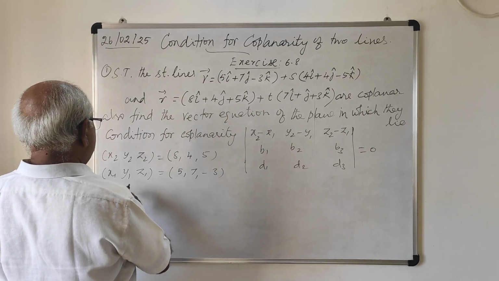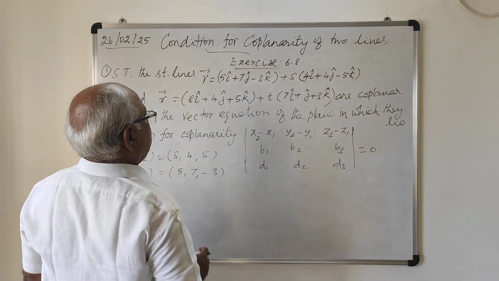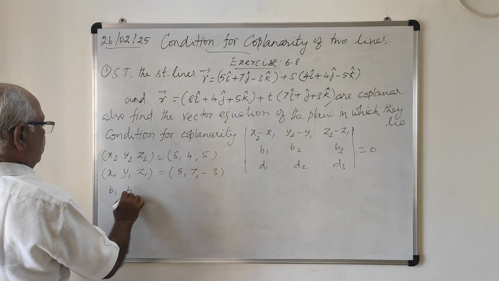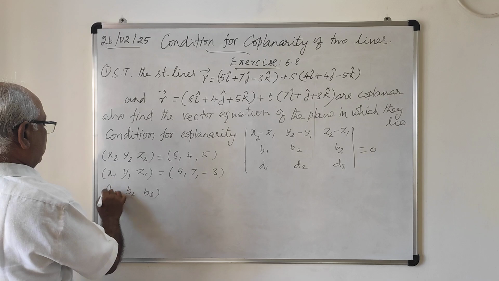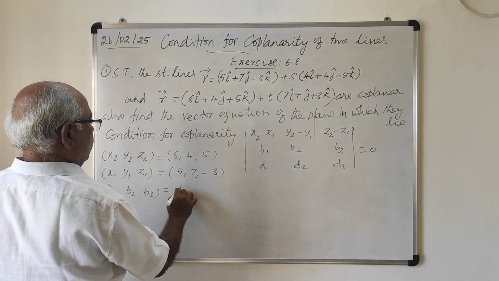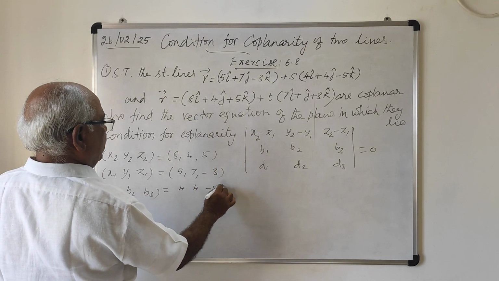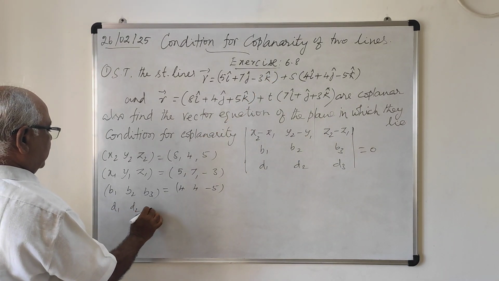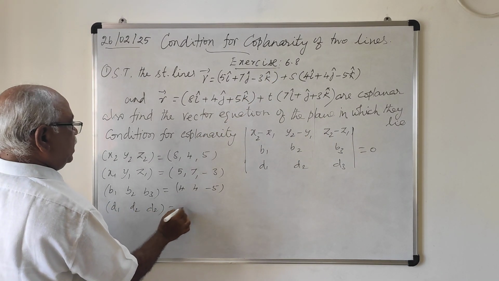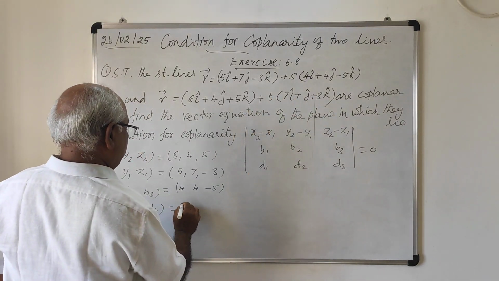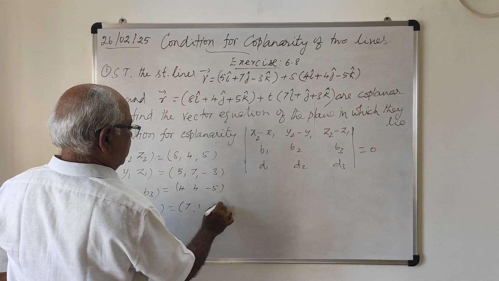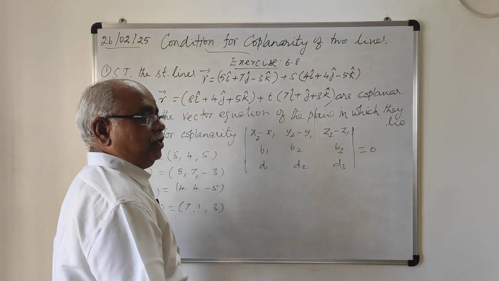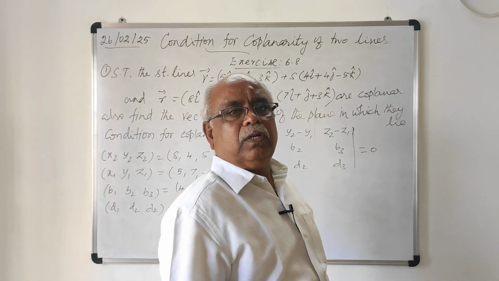The components of the b vector in the first line are 4, 4, minus 5, and the d vector components (d1, d2, d3) in the second line are 7, 1, 3. You substitute these values in the determinant and check whether the determinant value is 0. If it is 0, the two lines are coplanar.